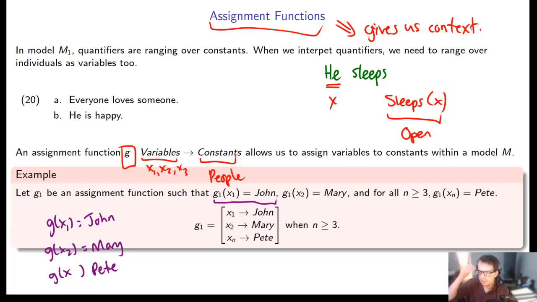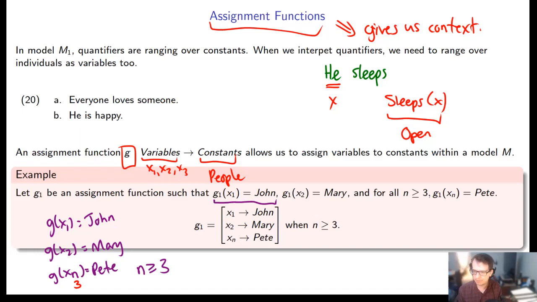But remember what we said about functions is that whenever you have a domain, everything in the domain has to be mapped to something. And in this case, our domain is all of the possible numbers. So usually we cheat a little bit and we say the last thing is going to be xn, for any n greater than whatever that last thing is. This really should be 3 if we're continuing our count, but we only have 3 people that we're talking about.